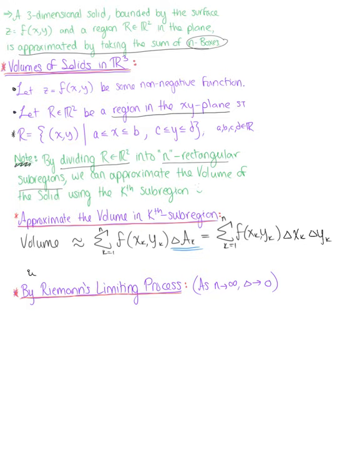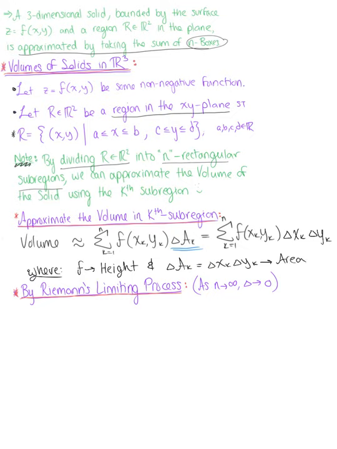So this is where, just as we saw in the previous case, f represents the height of that kth subregion, and here delta A sub k is delta x sub k times delta y sub k. Or we could even write this as delta y sub k times delta x sub k. It doesn't matter. This is the area, or your length times your width.